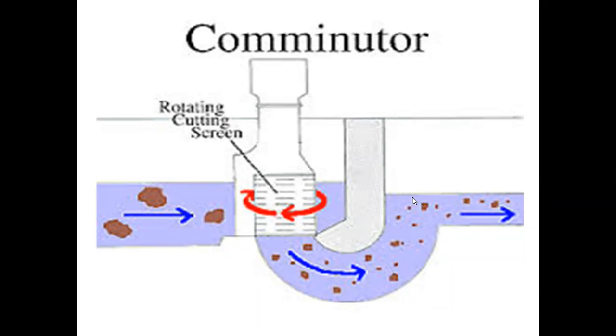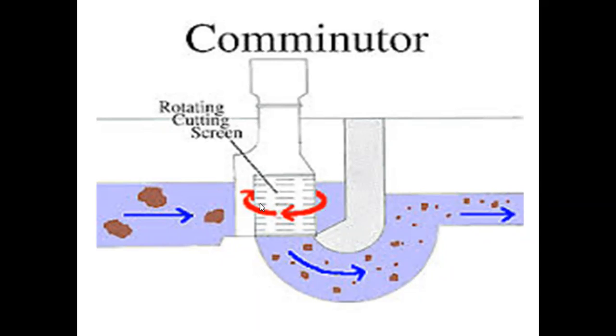A comminutor consists of, see this figure, a vertical revolving drum screen. Full stop.